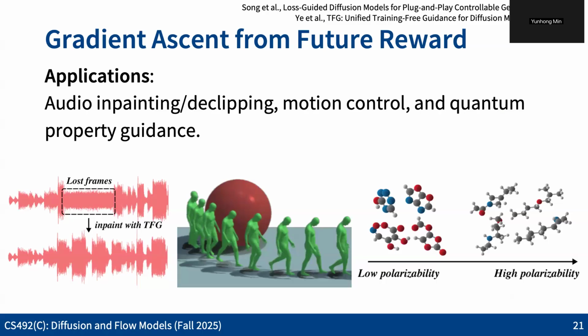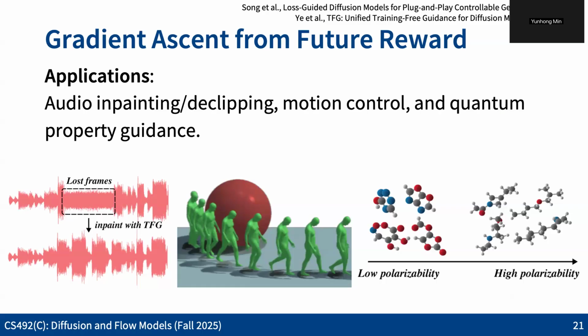For those cases, if we can define some reward function, then we can apply the same technique. So there are lots of such applications. If you are also working on specific applications with diffusion and flow models, you can consider finding problems where you can easily define some reward function.